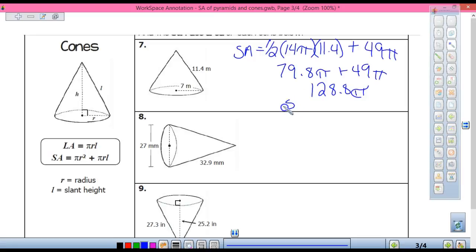Now go through and multiply 128.8 times pi, whatever the directions say in your assignment. I'm already on that, here's 100, so let's go 100.